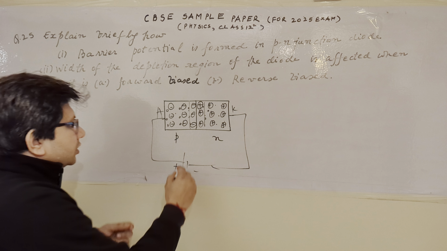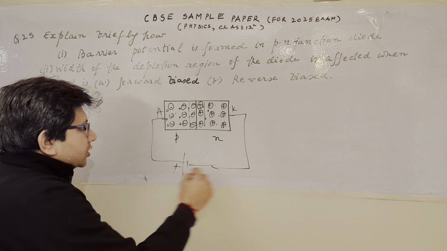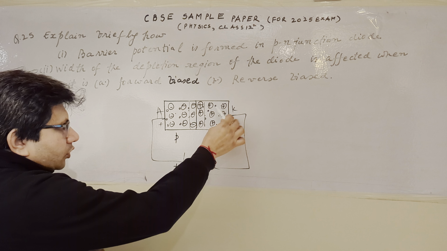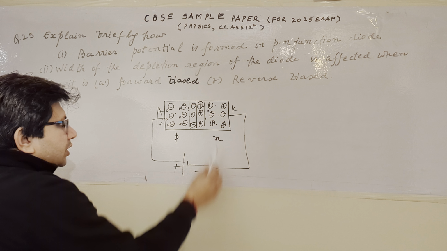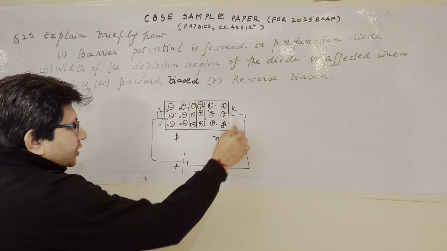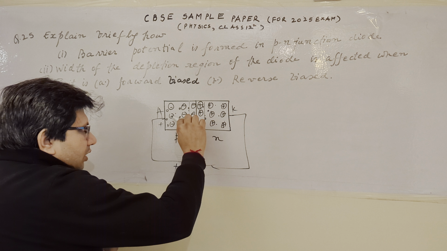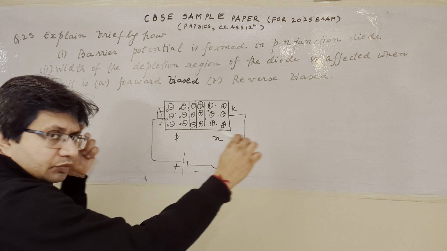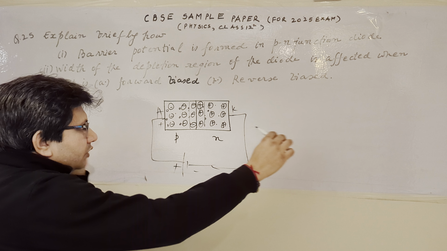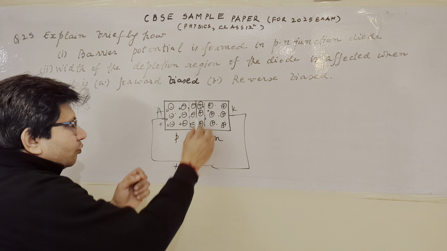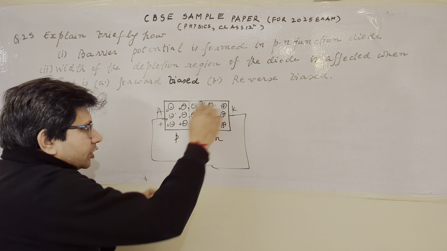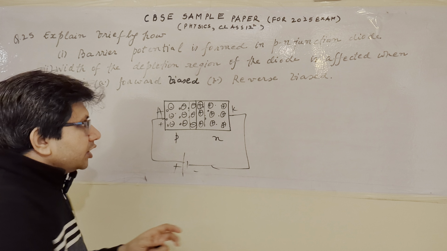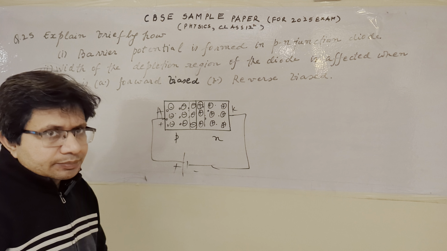The reason being that this battery provides a supply, an attraction for the electrons of the n side to move towards it, and this negative terminal attracts the holes from the left hand, that is the p side, to this particular terminal. So in this way they cross this junction, and when they cross this junction, the uncovering of the ions reduces. It means that the depletion layer becomes thinner.